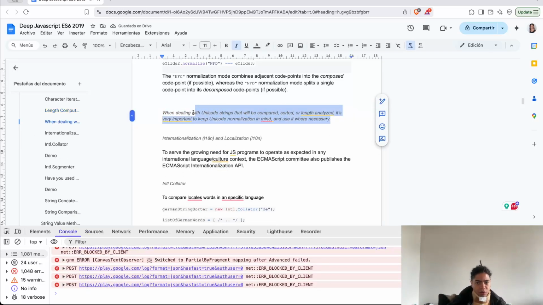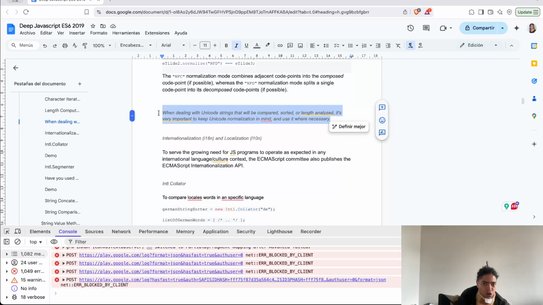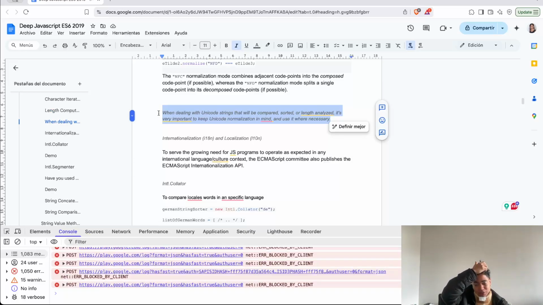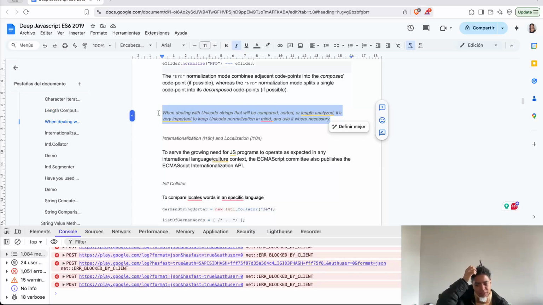So when dealing with Unicode strings that you will compare, sort, or do length analysis on, it's very important to keep the Unicode normalized. And second, if you want to do comparison and sorting, especially in a particular language, this is true for multi-language applications, which is going to become the norm.